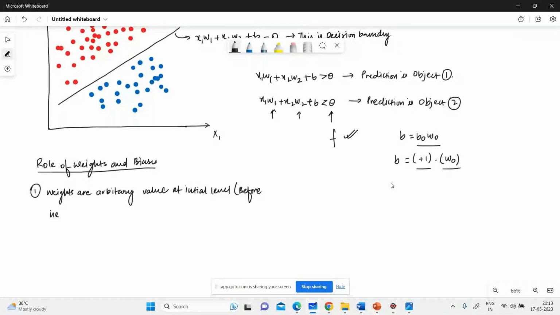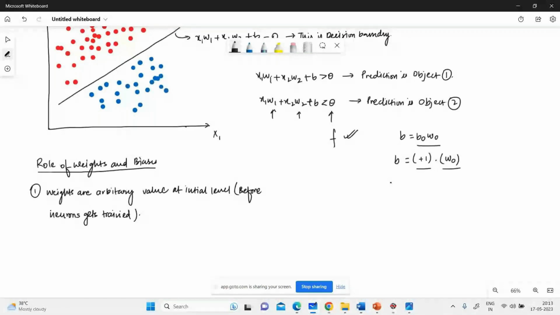What does training mean? Whenever you are creating an algorithm, a neuron or every algorithm should go through two processes, training and testing, which I discussed in the initial step as well, that every neural network or deep learning or machine learning algorithm has to go through these two processes. In this case, weights need to get trained.